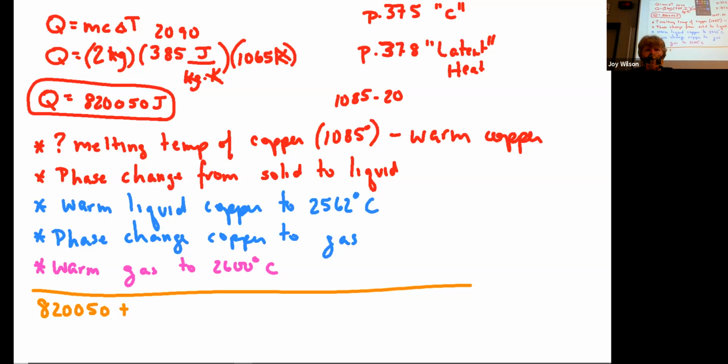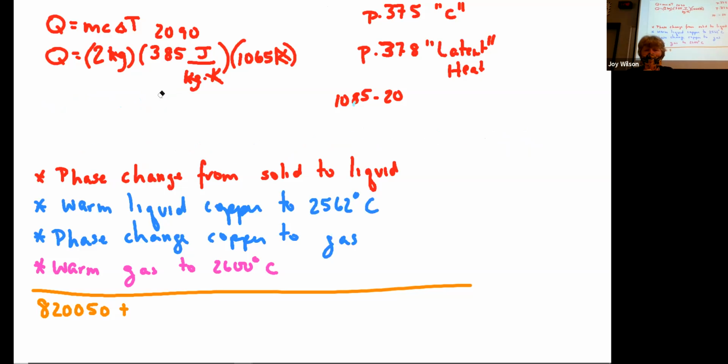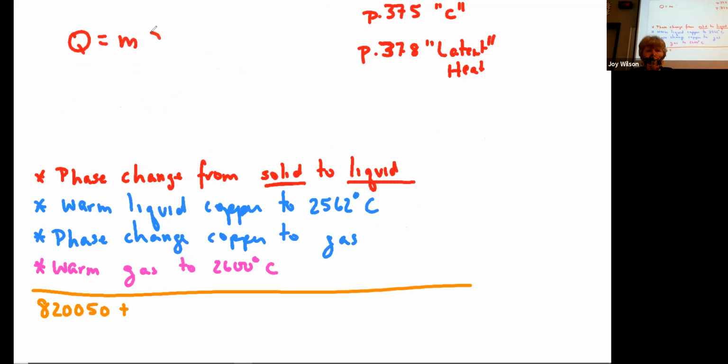Okay, so now that's our first part. I'm going to erase this now. So we've done this step. Now what do we got to do? We now have very warm copper, but it's very warm solid copper. So now I'm going to make it change from solid copper to liquid copper. The formula for that is the latent heat one. My mass is 2 kilograms.